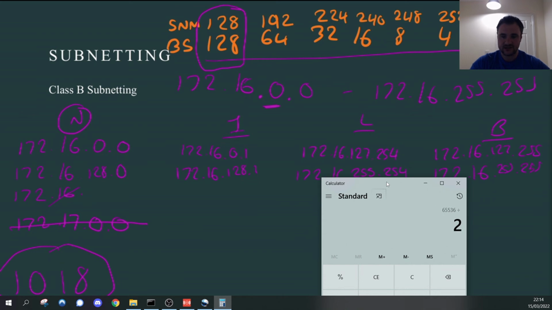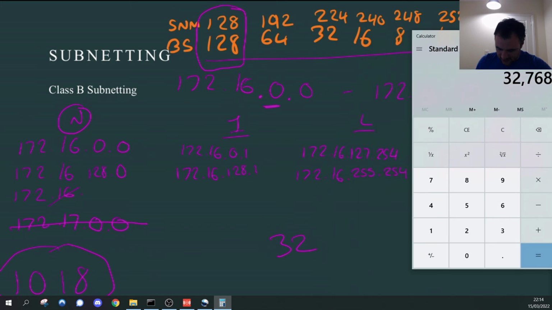If I divide that by 2, which we've got two networks here, we've got 32,768. So we have that as IPs. Take away 2 because we've got network and broadcast. So 32,766, that's our usable IP addresses.